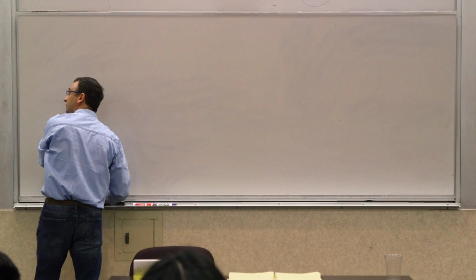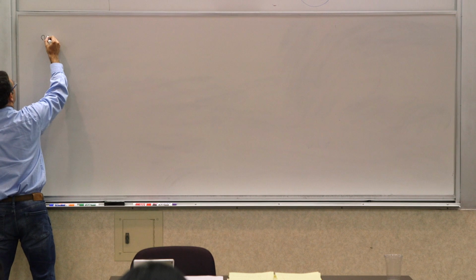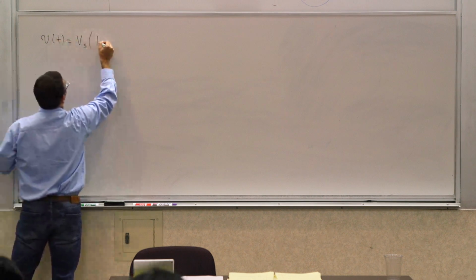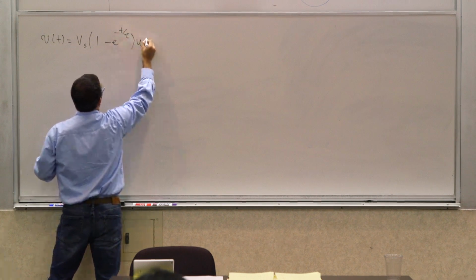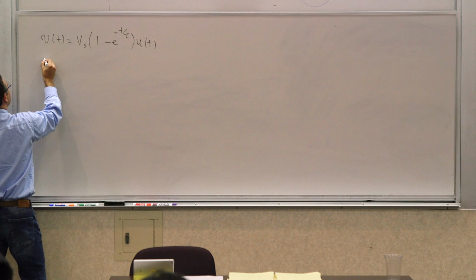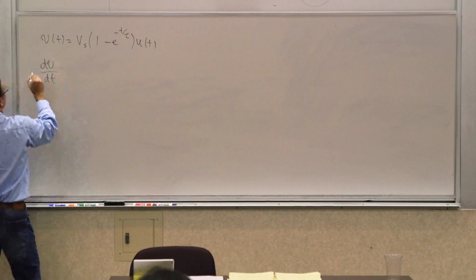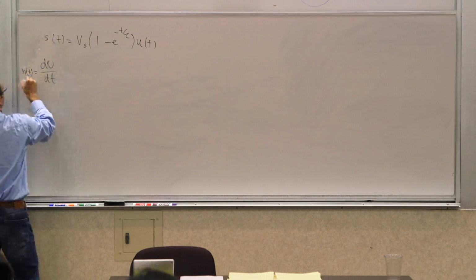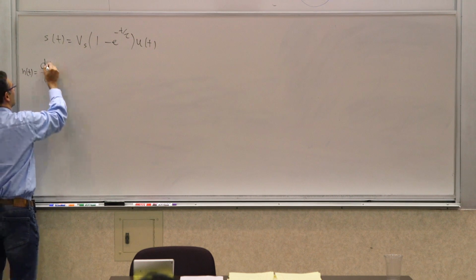So here's the subtle thing about it. I'm going to reproduce it here. V of t is Vs (1 minus e to the negative t over tau) u of t. So what is dv/dt? Or let's call this s of t, it doesn't matter. Then it would be h of t, ds of t/dt.